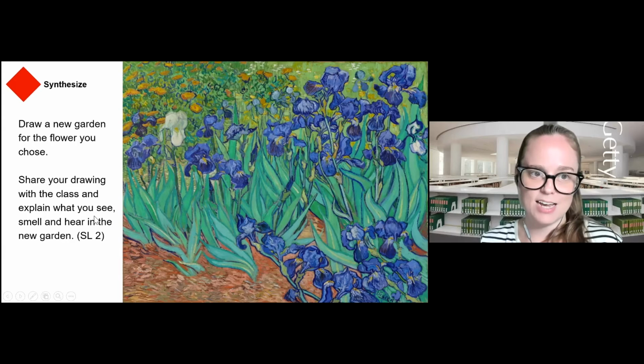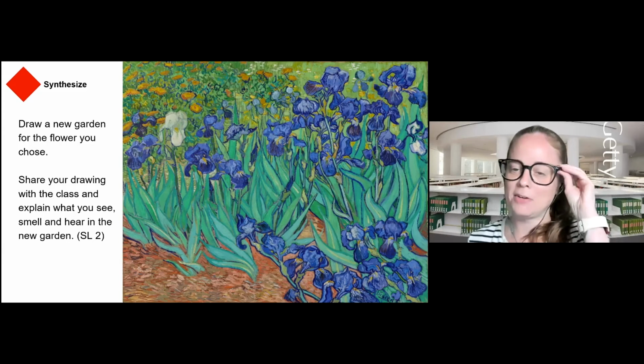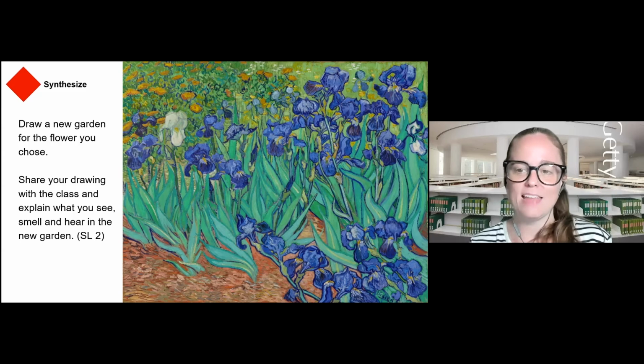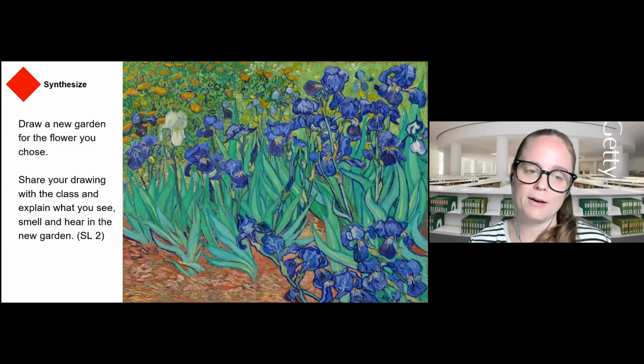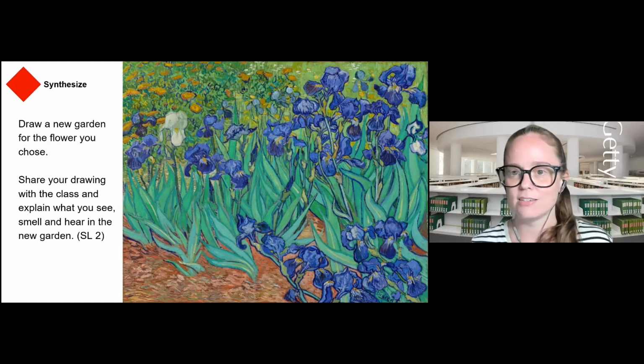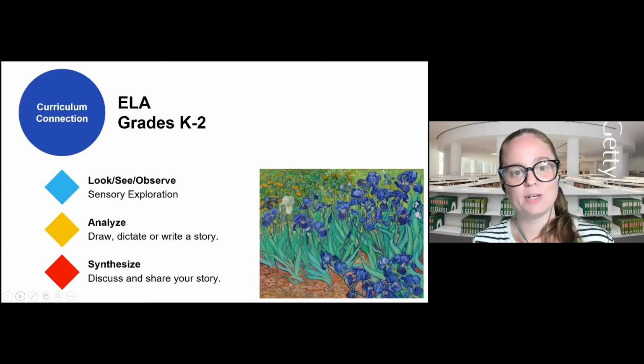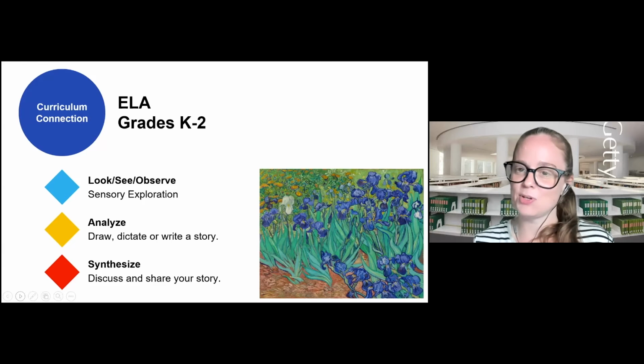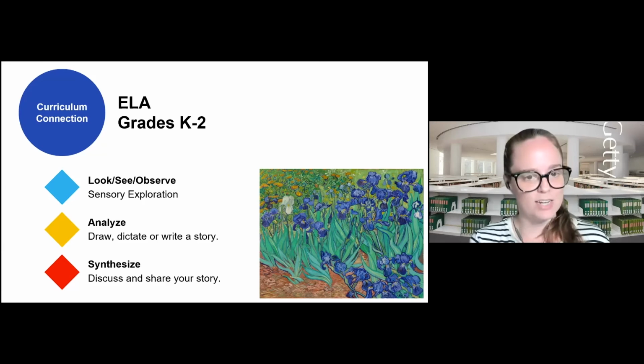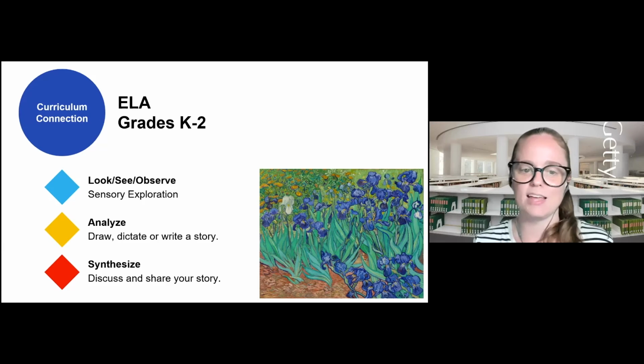And then for synthesize, you could have the student draw a new garden with the flower that they chose, and then share those drawings with the class and use sensory words to describe their new garden to others. So that was for irises. You could read that image with your K through second grade students. So we did sensory exploration, draw, dictate, or write a story, and then discuss or share your story.